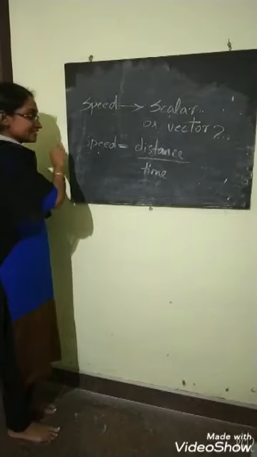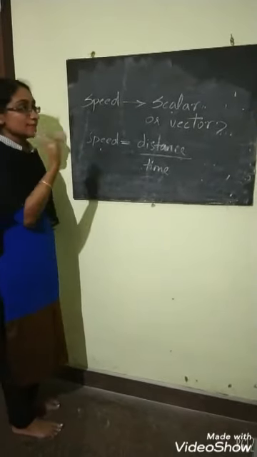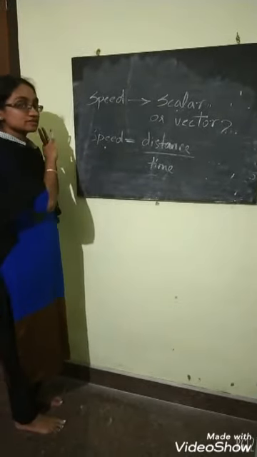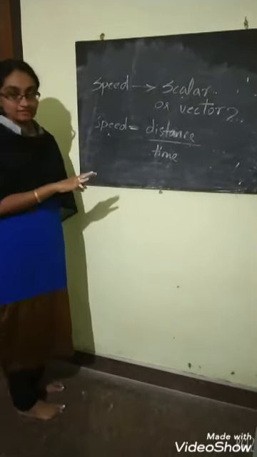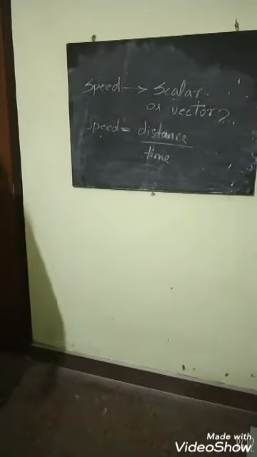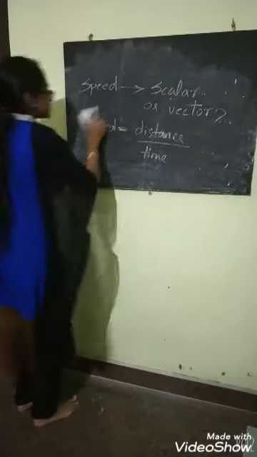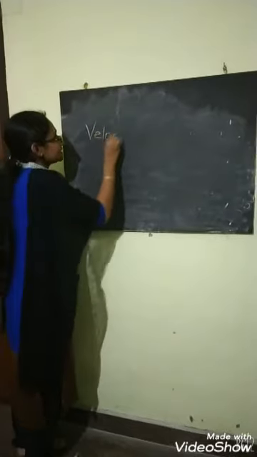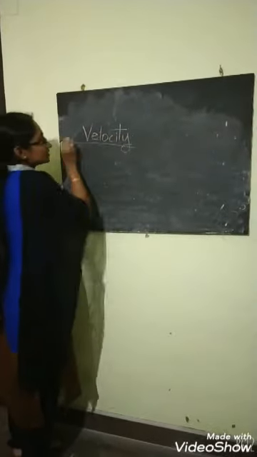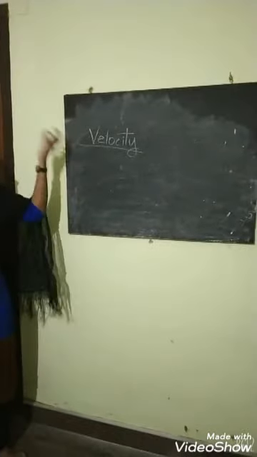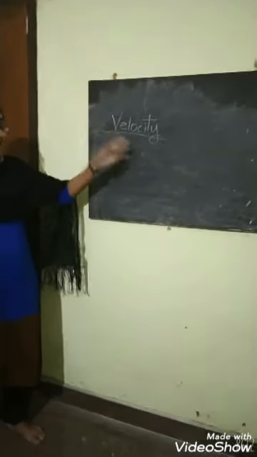It means the speed has magnitude, with no importance for direction. And if the speed has direction, then what do we call it? That is the question now. If the speed has both magnitude and direction, we can call it velocity. So simply we can say, if the speed has both direction and magnitude, then it is called velocity.